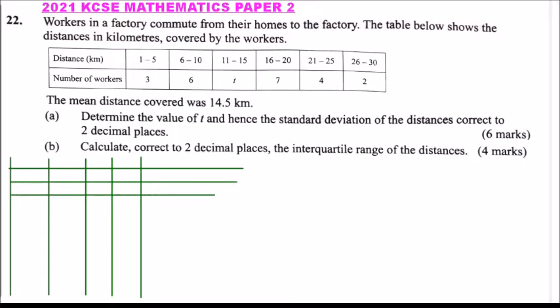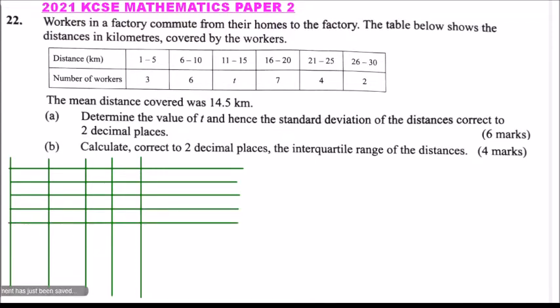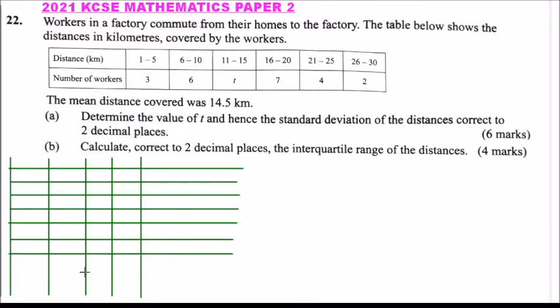This is 2. This is 3. This is 4. We have 5. We have 6. We have 7. We have 8. So meanwhile, let's just have that. So we have class. Our classes are the ones we are given here.